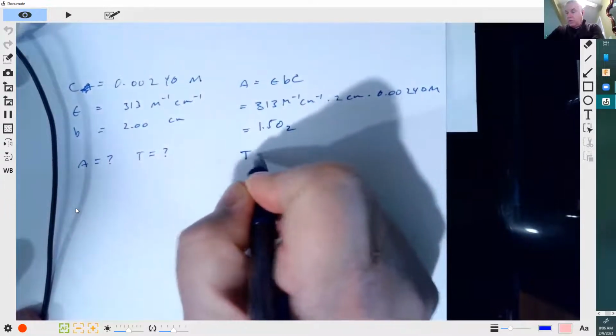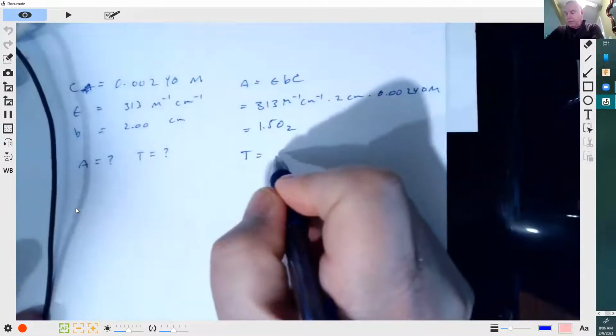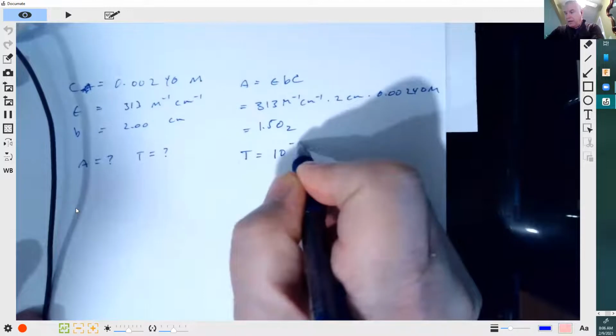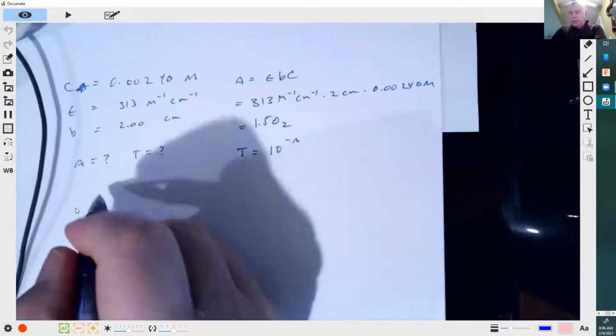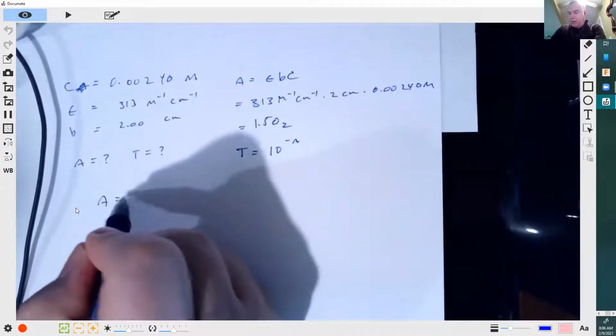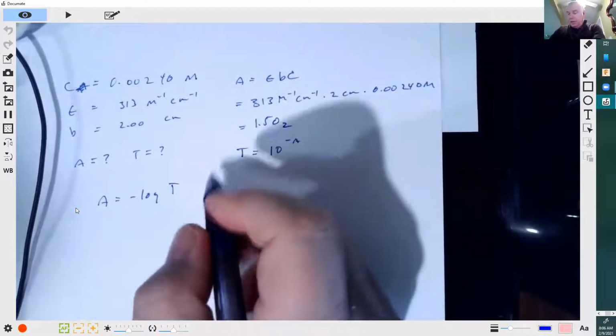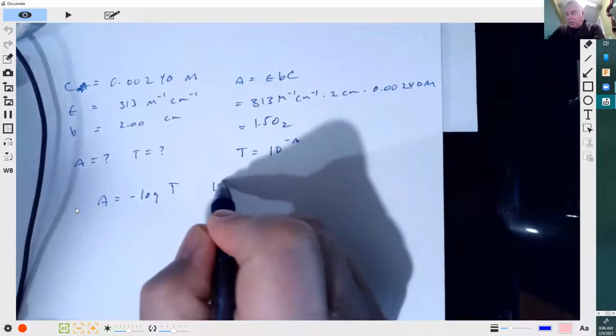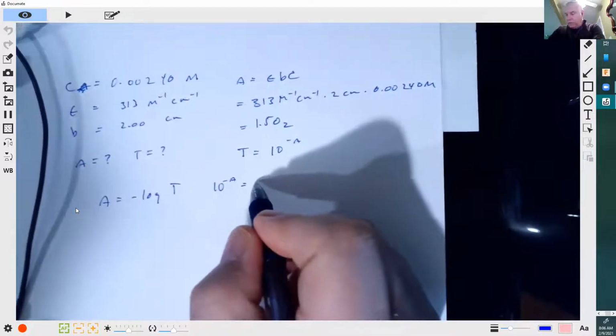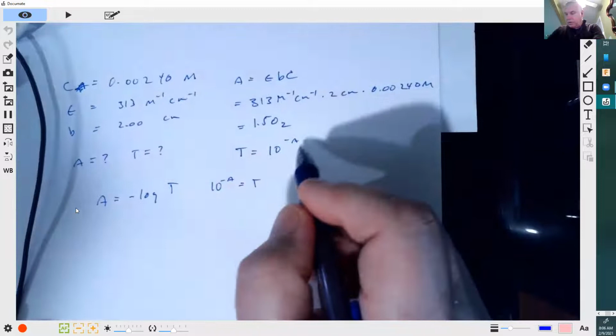Transmittance here will equal 10 to the minus A, right? Because A is equal to minus the log of T, and then 10 to the minus A will equal T. These are inverse functions, right?